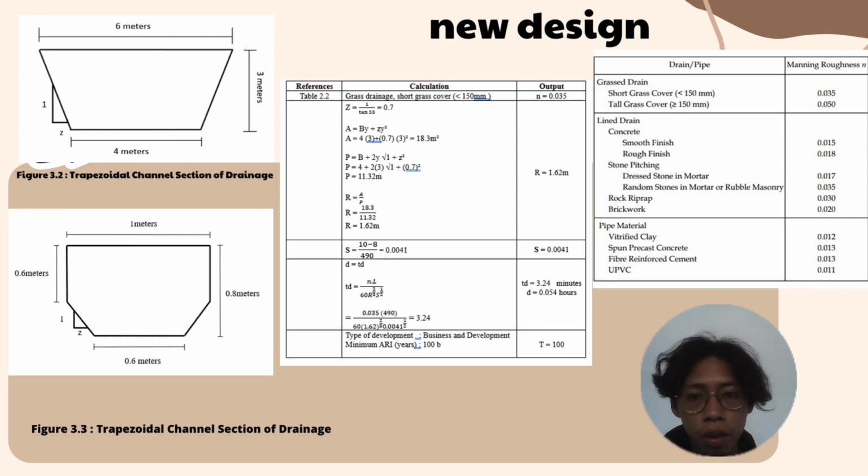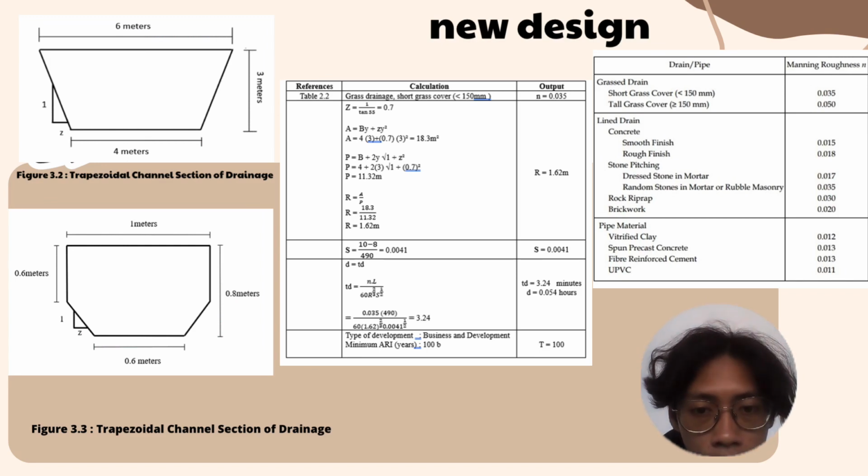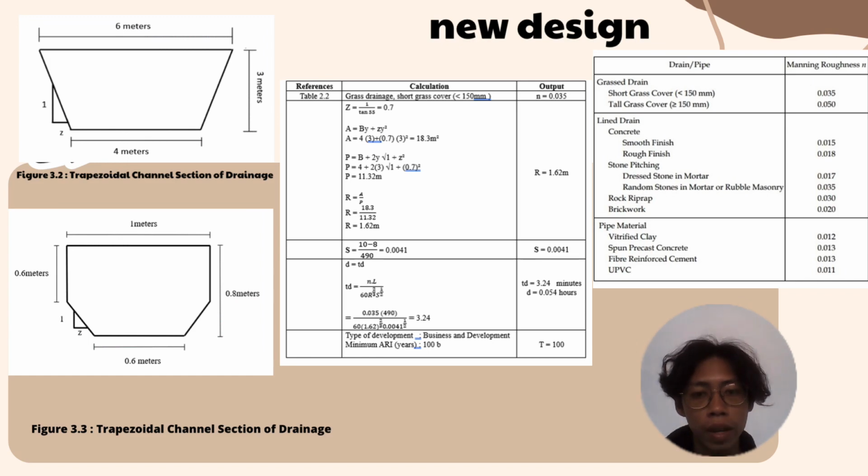Firstly, we find out the slope, which is Z. So Z is 0.7, and then we continue to calculate the area, perimeter, and the radius. And then we go through the S, which is the sectional friction slope. So we got 0.0041.